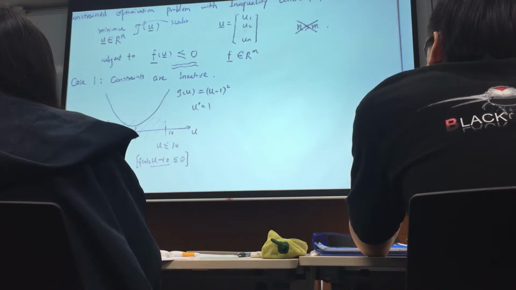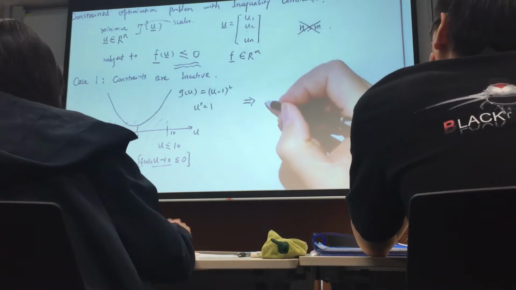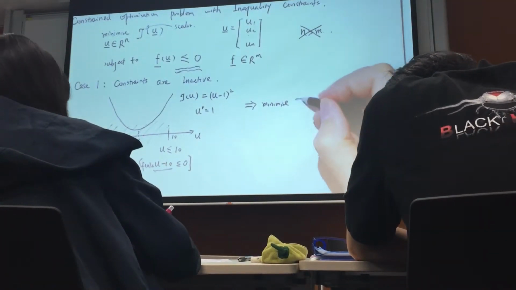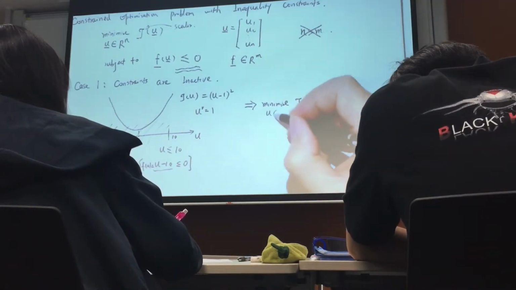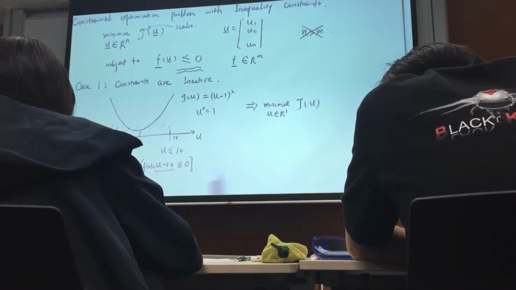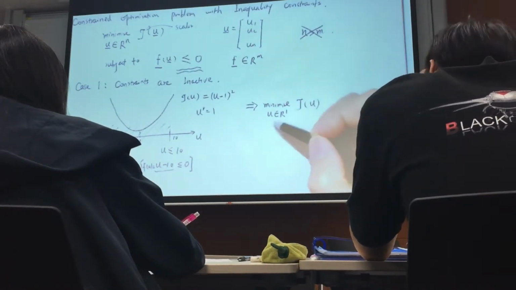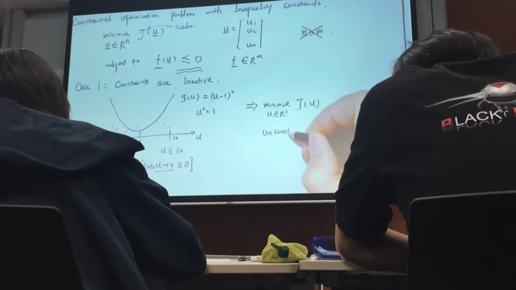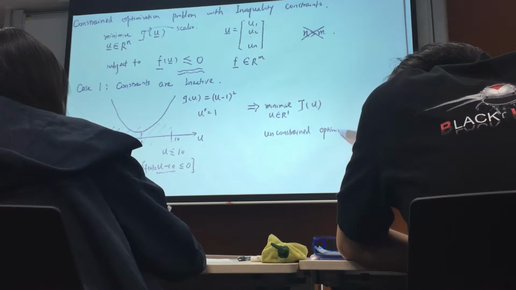So in this case, the problem is equivalent to just minimizing the cost function G(u) without any constraint. So in this case, the constraints are inactive. In this case, we convert the problem into an unconstrained optimization problem.